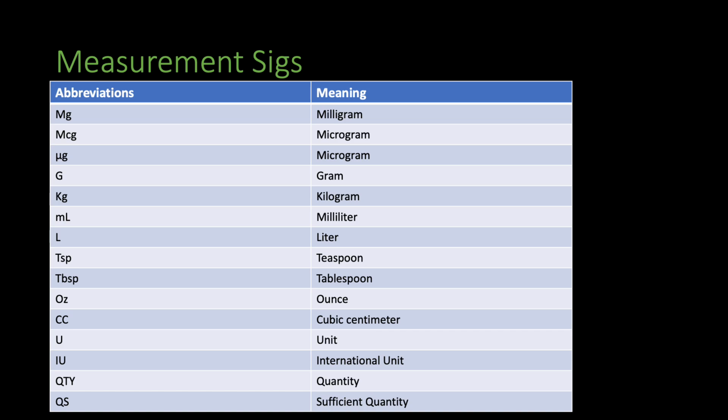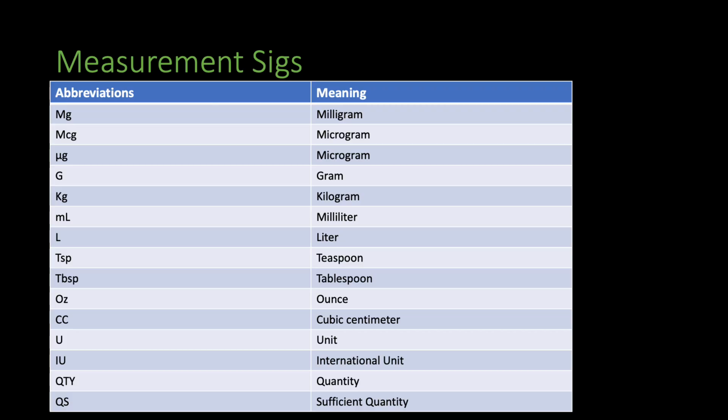I do not think it's recommended to use this other microgram SIG, as it can lead to medication errors according to the ISMP, Institute of Safe Medication Practices. However, sometimes doctors still use it, so it is a good idea to understand this SIG as well.